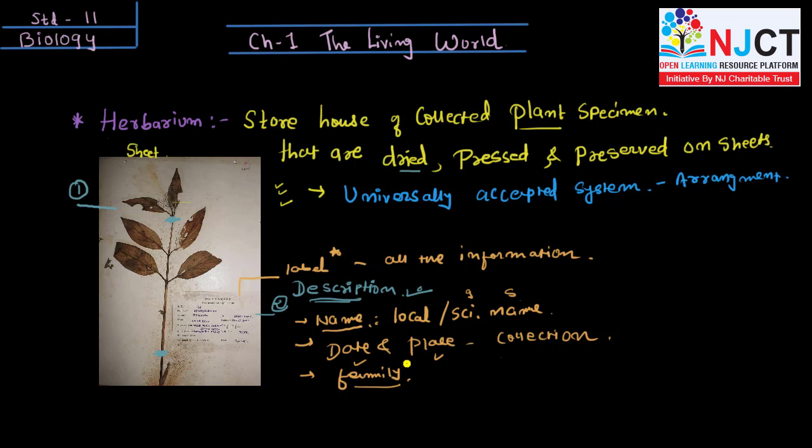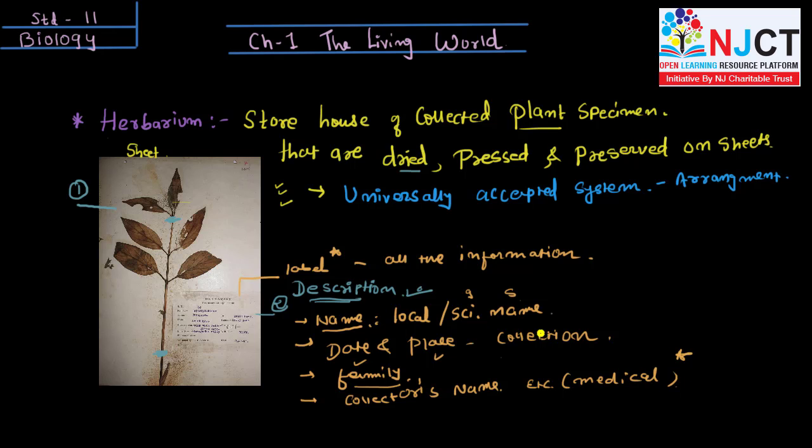And after that, if you have collected it, and like you are a scientist and you have collected it, you are going to write your name. So here it is going to be collector's name. Okay, and if any extra information you want to write, for example, it is a medical plant, and all that extra things.